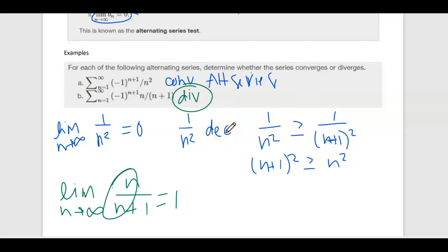But it's important to note that it doesn't diverge because of the alternating series test. It actually diverges because of the nth term divergence test, right? Because we should always check that first. So you should always check if your a sub n goes to 0 or not, because if it doesn't, then the whole thing diverges.